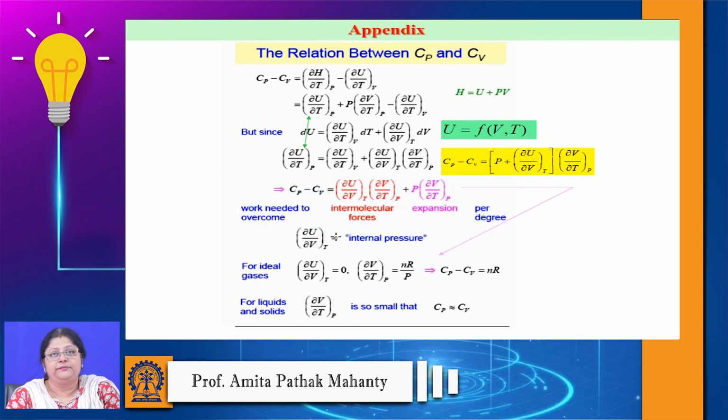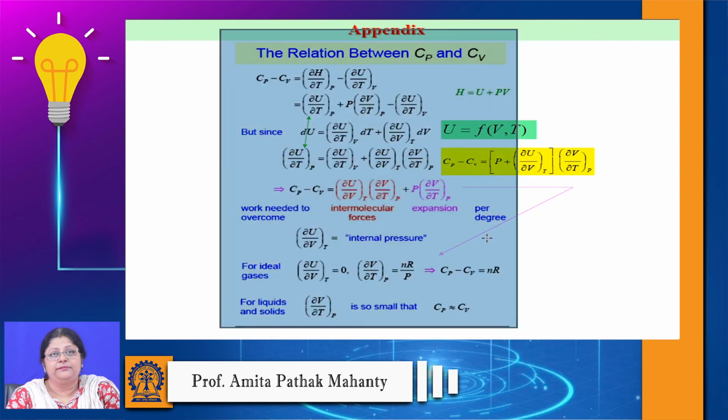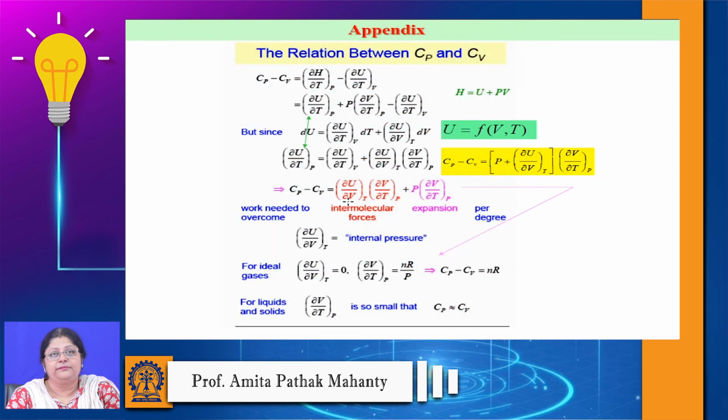If this is the internal pressure which is associated, for an ideal gas what happens? The internal pressure is equal to 0. If the internal pressure is equal to 0, then this part becomes equal to 0.